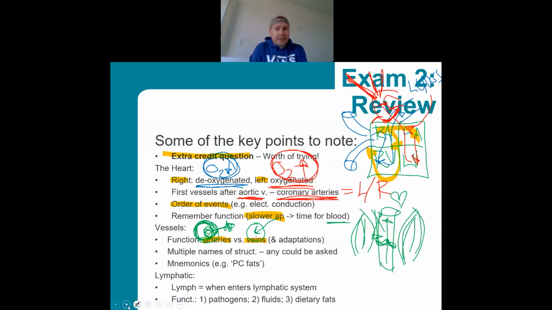With the vessels, we see that sometimes we have multiple names for the same structure. And if there are multiple names, I could really ask any of those. So be certain that even though you might prefer one, you have at the back of your mind the understanding that it might have other names. And finally, I want to remind you, when I tell you mnemonics, it's usually trying to lead to something.